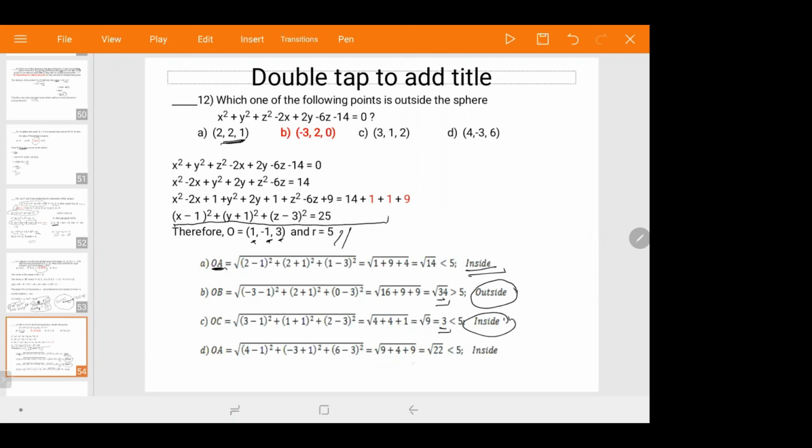And OD, not OA, OD, after calculating its distance, you'll get the square root of 22, which is obviously less than 5, so point D lies inside the sphere. Therefore, the only point of the four given that lies outside the sphere is point B. So the answer for question number 12 will be B.